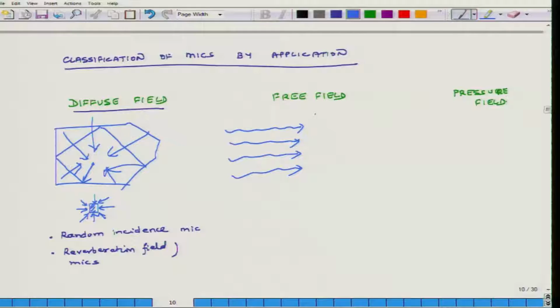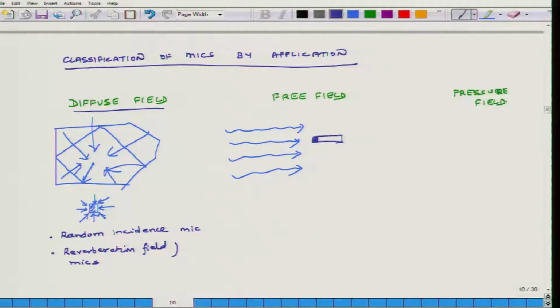And your microphone should be of a nature that it is sensitive to a particular direction, which is the direction of the sound, the direction from where the sound is coming. So, these are free field microphones. In free field microphones, so what is there?